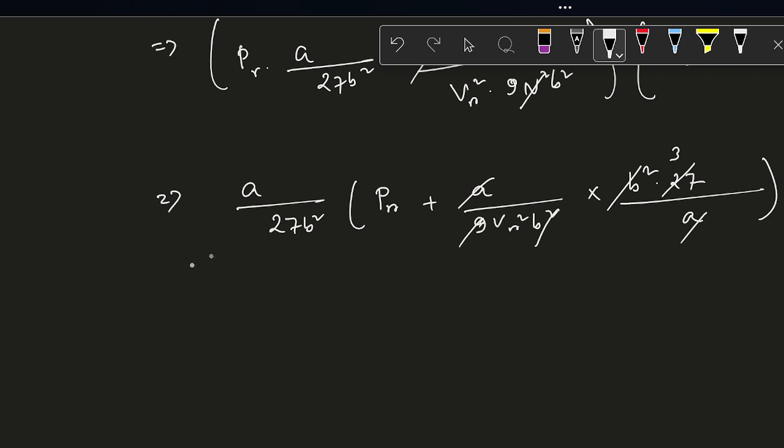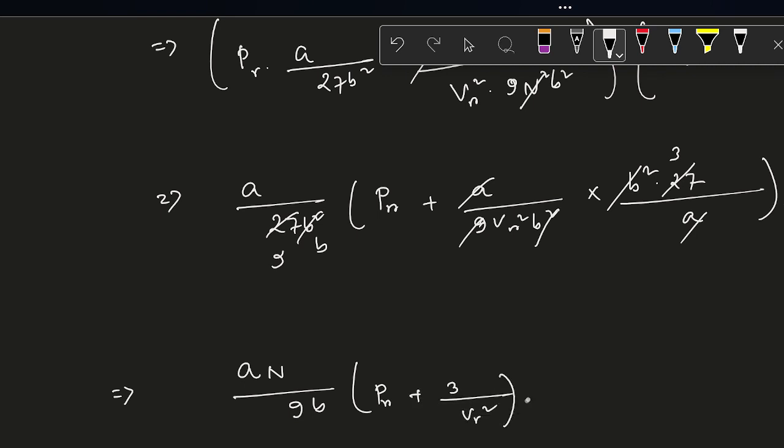So look carefully, now this term becomes 3 by 9. So this is A by B, and this B also cancels out with B squared, so it is B. So this is just A divided by 9B, times PR plus 3 by VR squared, into VR minus, this NB and NB cancels out, so it is just 1 by 3.